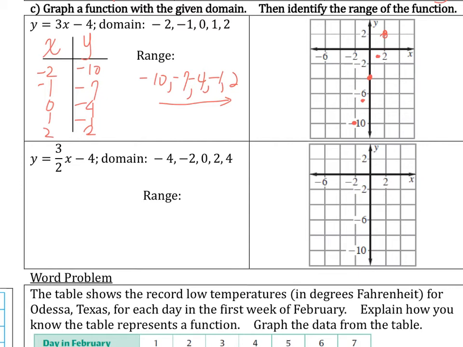And for this next one, I'm also going to go ahead and make a table of values or points. So my domain, -4, -2, 0, 2, 4. So when x is -4, your y value should be -10.